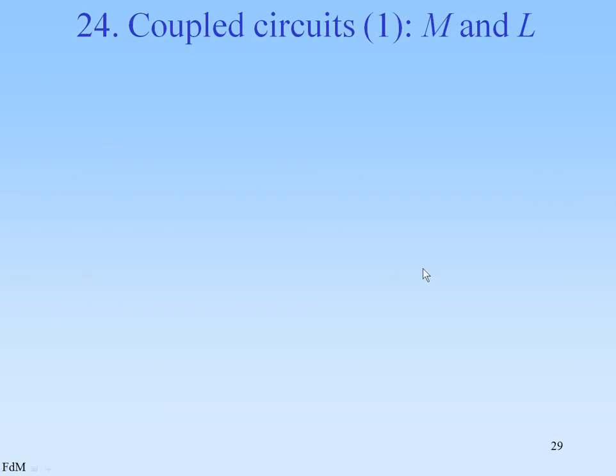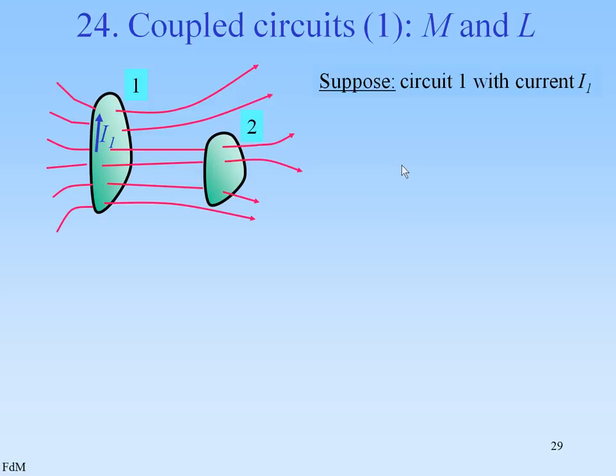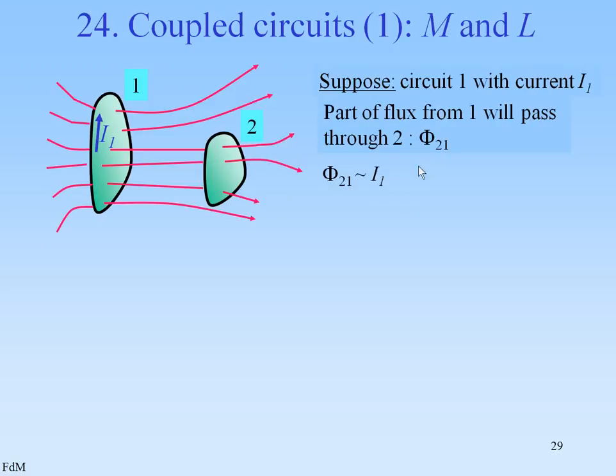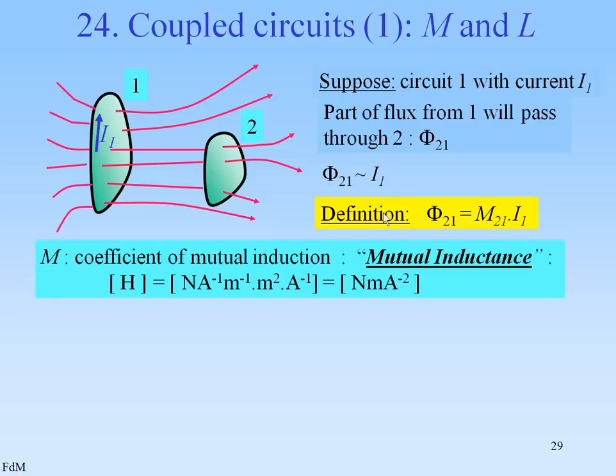Coupled circuits. Suppose we have circuit 1 with current I1, then part of the flux from 1 will pass through 2, and that is Φ 2 by 1. And Φ 2 by 1 is proportional to the current I1. And now, by definition, the proportionality constant is called the coefficient of mutual inductance, or mutual inductance.